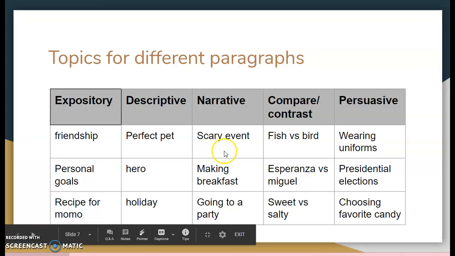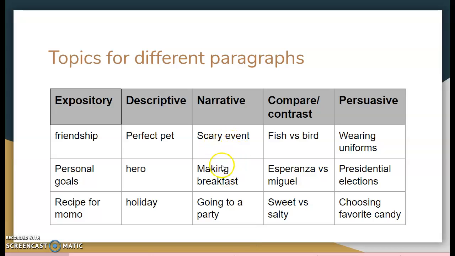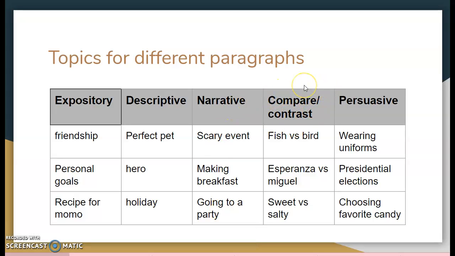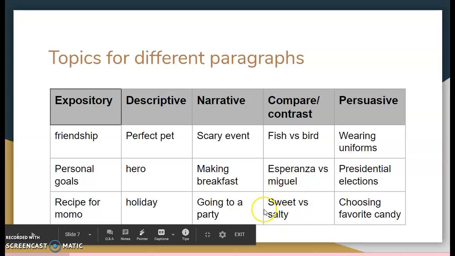So you might have a story about a scary event, you might tell a story about making breakfast, or you might tell a story about going to a party you recently went to, right? In compare and contrast, you look at 2 different things and you write about how they're the same and how they're different. So a fish and a bird, Esperanza and Miguel, sweet and salty.